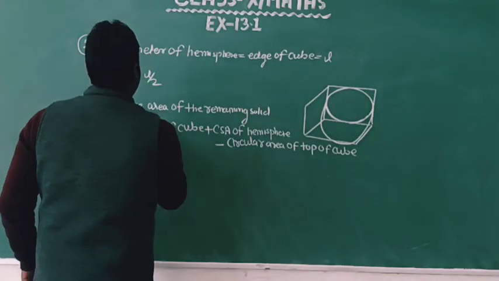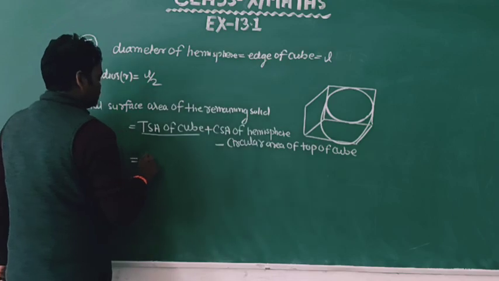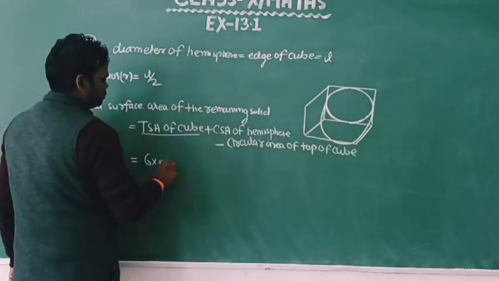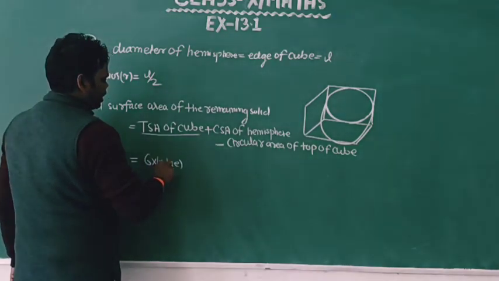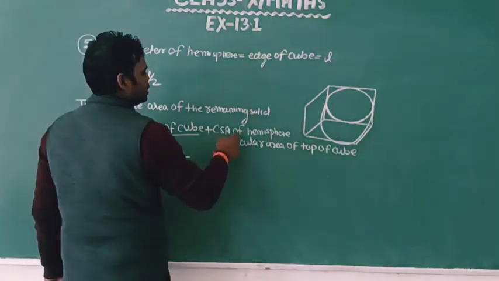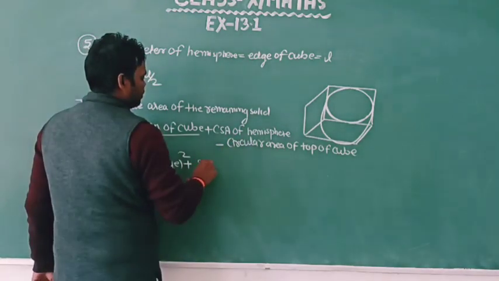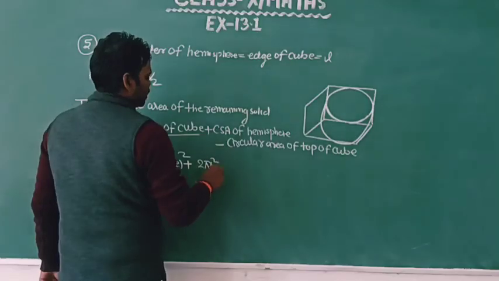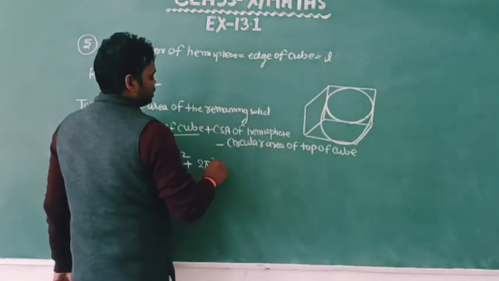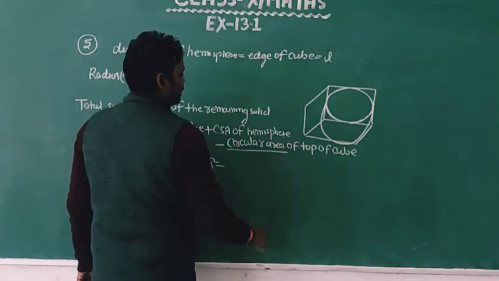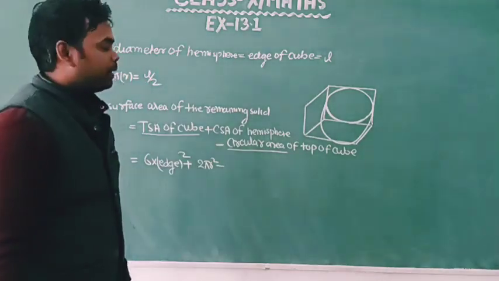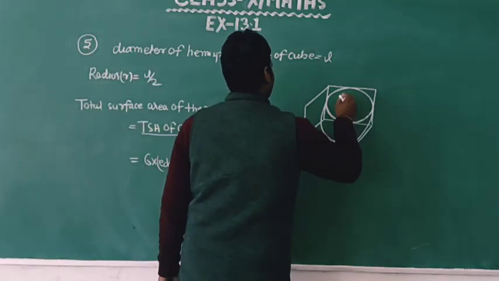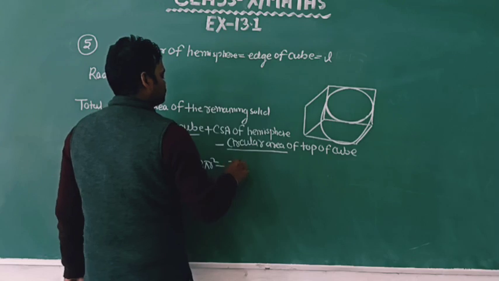So this is TSA of cube, 6 into edge square, plus CSA of hemisphere, 2 pi r square, minus the circular area of the top of the cube, pi r square.